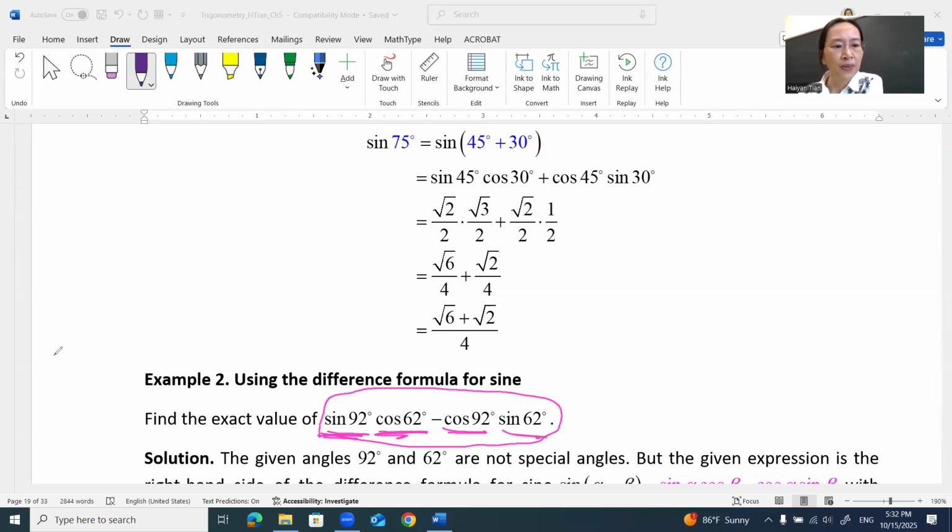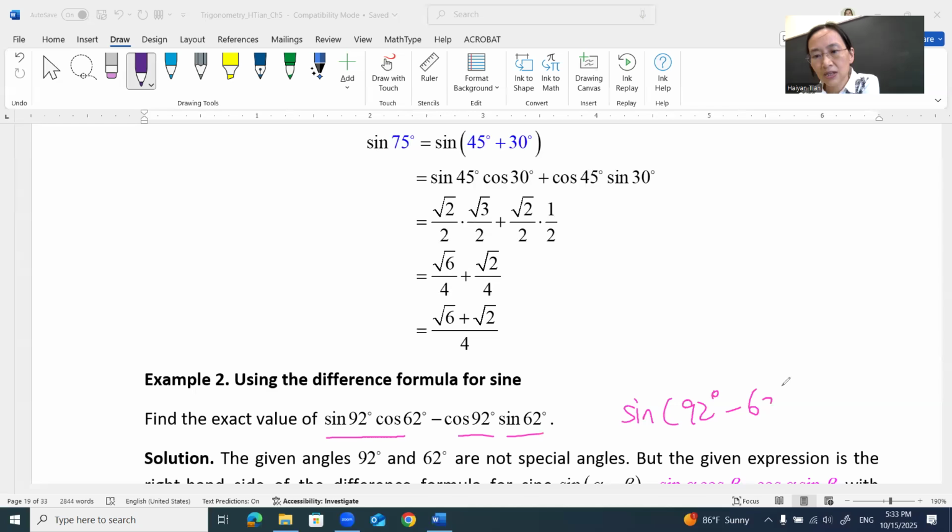We don't know their exact values. So to get exact value of this expression, it's impossible if we simply depend on the sine cosine of each of those angles. However, we recognize the sine cosine minus cosine sine, that is a sine of a difference. That is 92 minus 62.